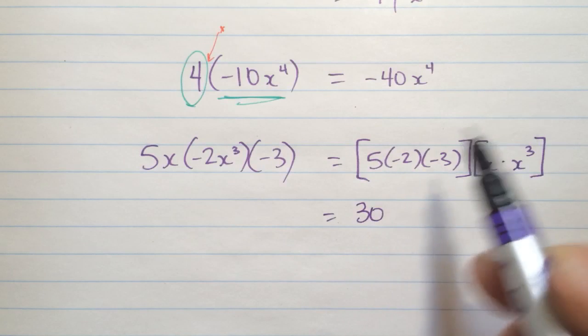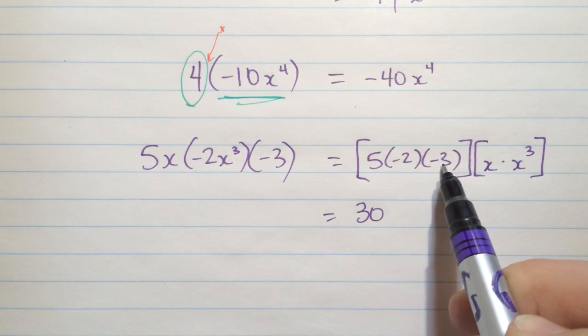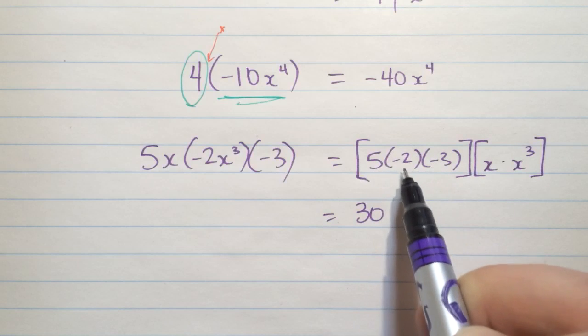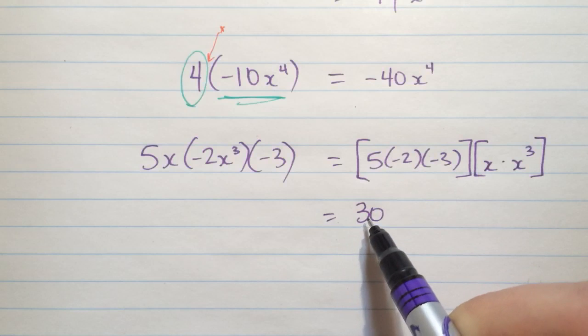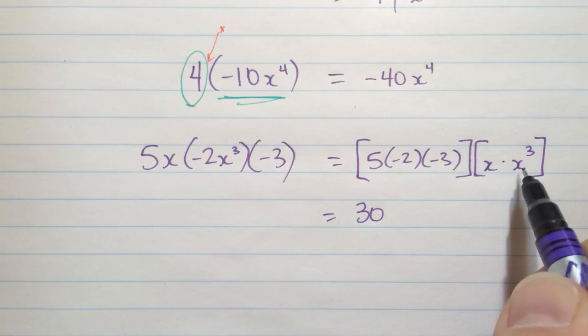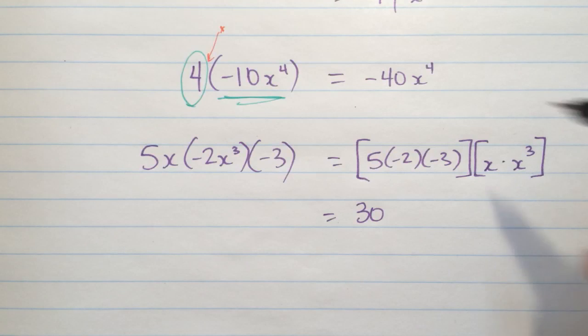In my own brain, the way I do this, I do 5 times 2 times 3. That's going to be 30. And then I count my negatives. I have an even number of them, so I will have a positive result. Now here, in the variable component, I have an x and an x cubed. An x, you say, yes, one of them, there's the understood 1. That's x to the exponent 4 once again.